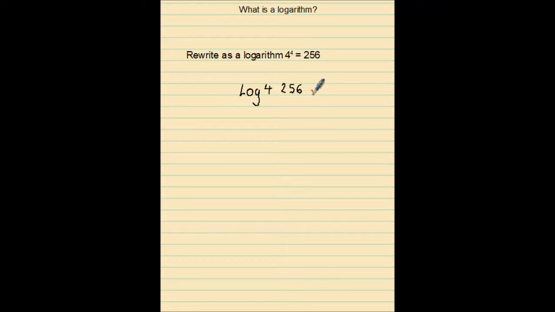And I can see what the answer is. It's 4. So again, your brain's having to work a little bit in reverse. So make sure you're comfortable with this. It's easier sometimes to go from here back, because what is the index to the base 4 that results in 256? And I'm not working anything out because it tells me, well, that base is 4.